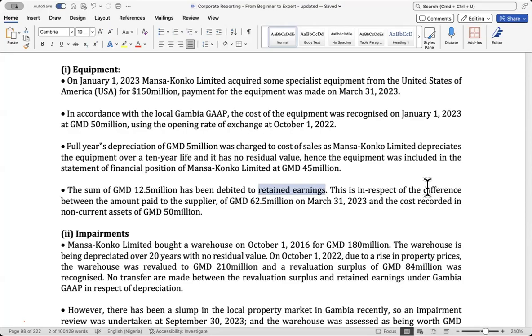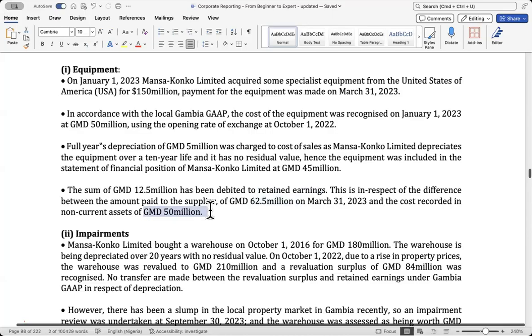And they said that this is in respect of the difference between the amount paid to the supplier of 62.5 and the amount of cost recorded of 50 million.